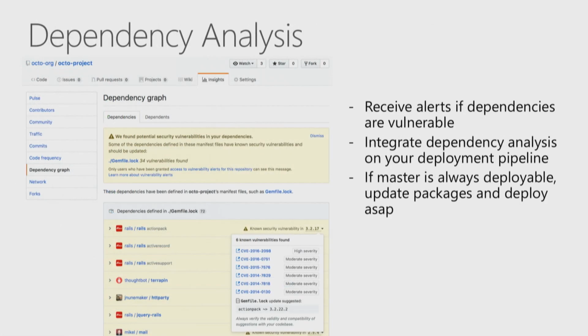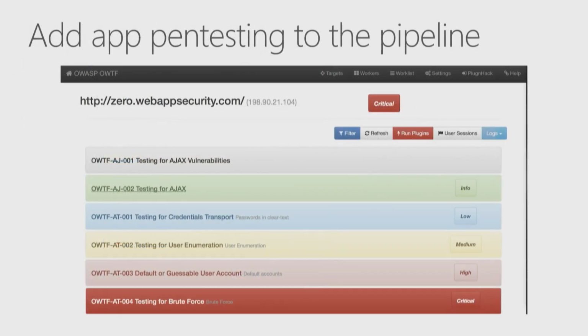You can do dependency analysis on your code, say if a package that you're using is insecure. You can do OWASP. Are you familiar with OWASP? Okay. Some security testing on the application itself.